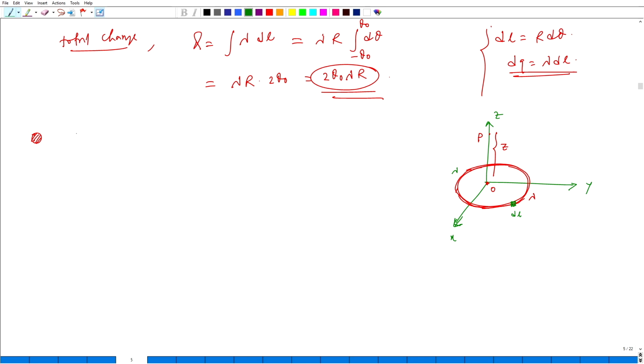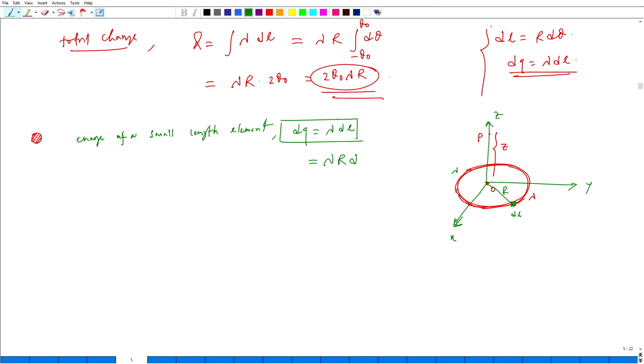The charge of a small length element is dq equals lambda times dl, and if the radius of the circle is r, then dl is r d phi.